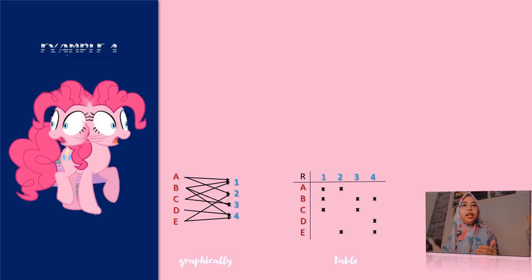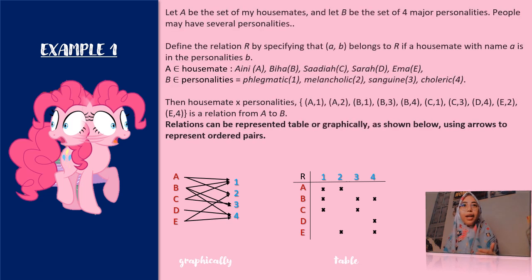Next. Okay. Example 1. Let A be the set of my housemates and let B be the set of four major personalities. People may have several personalities. Define the relation R by specifying that (a, b) belongs to R if housemate with name a has personality b.